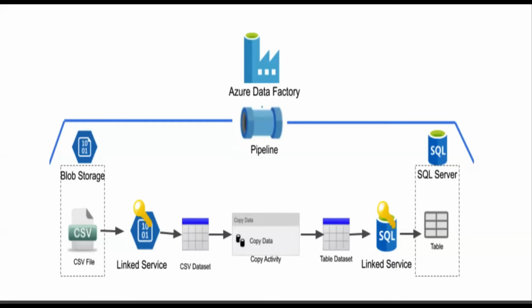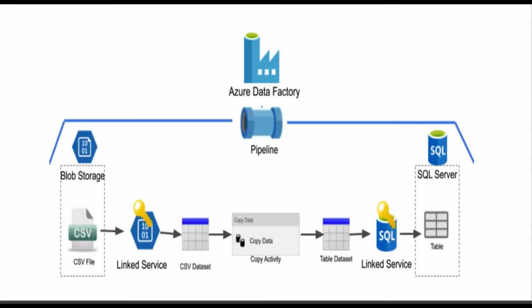They have information of your source and destination address and credentials. Data set is a reference of your source and destination database. Activity performs the task. Pipeline we can say is a combination of everything.